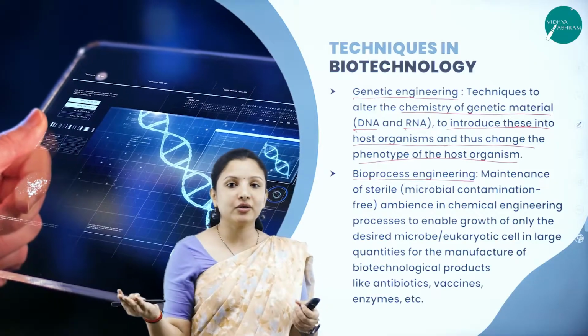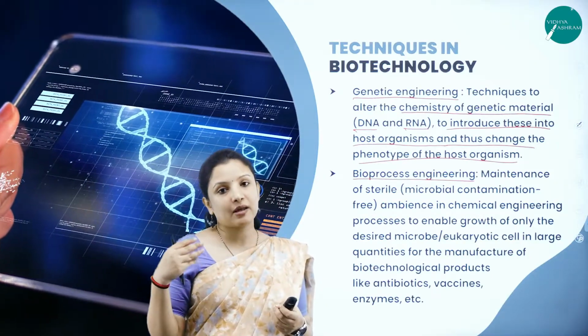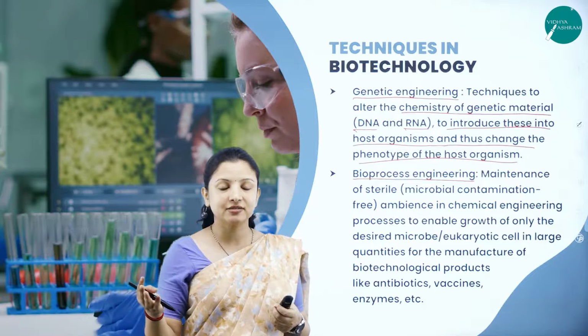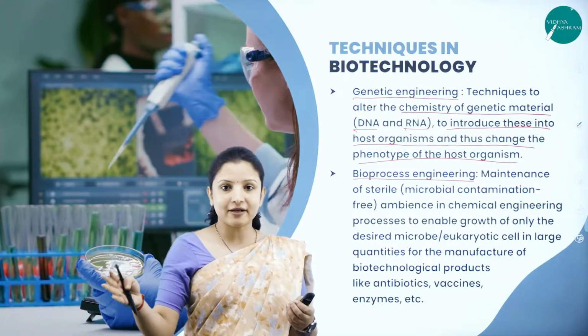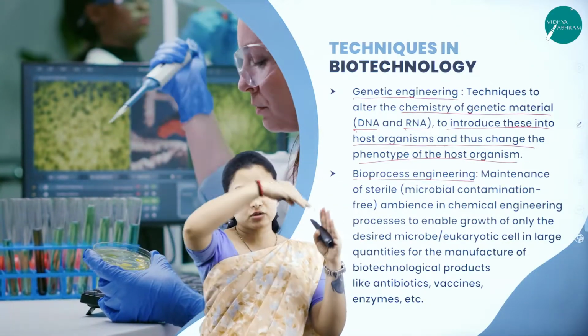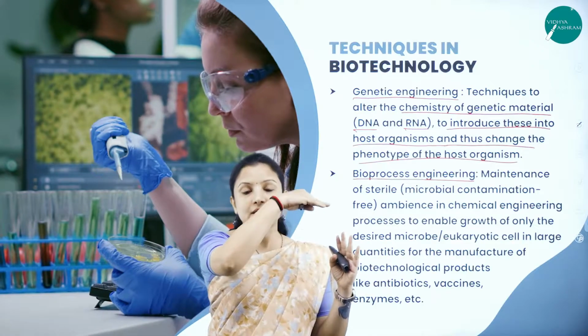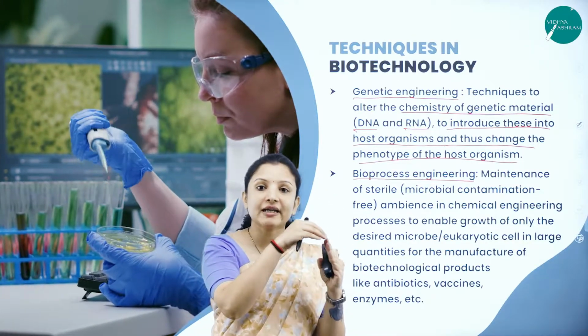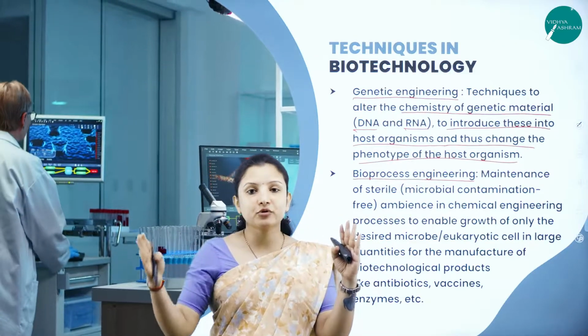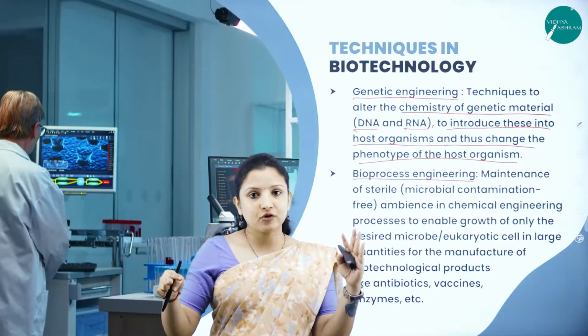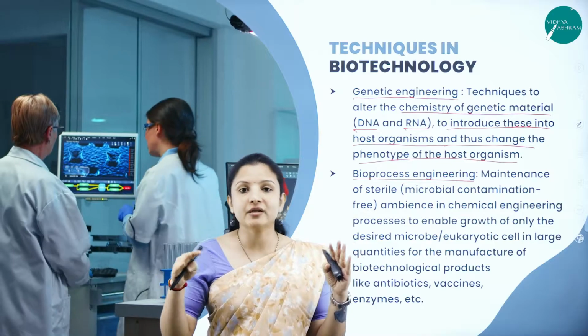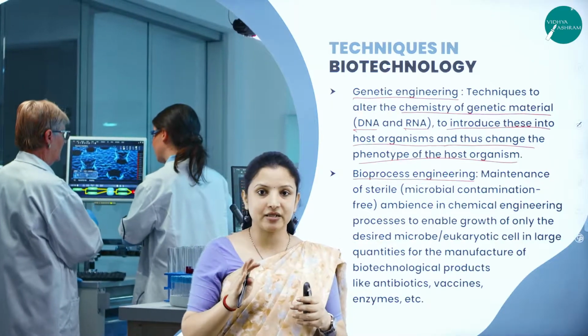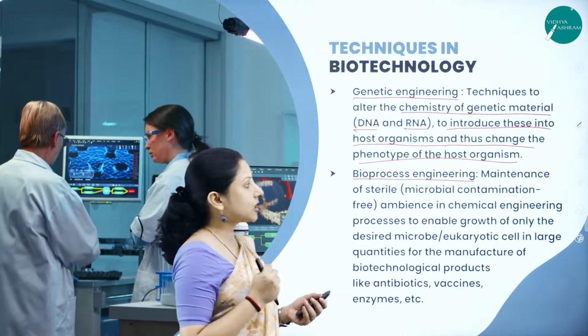So now that plant will have the gene that is capable of giving high yields. So from plant A they took the gene, the gene that was responsible for producing high yield in plant A, and they put it into plant B. So therefore now plant B will also be capable of producing high yield. So that is done in genetic engineering.